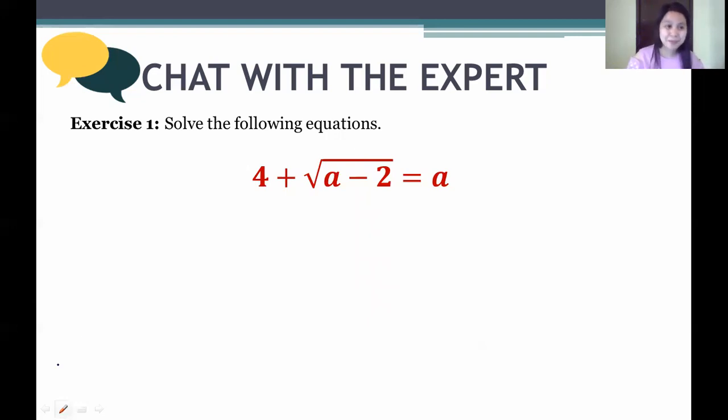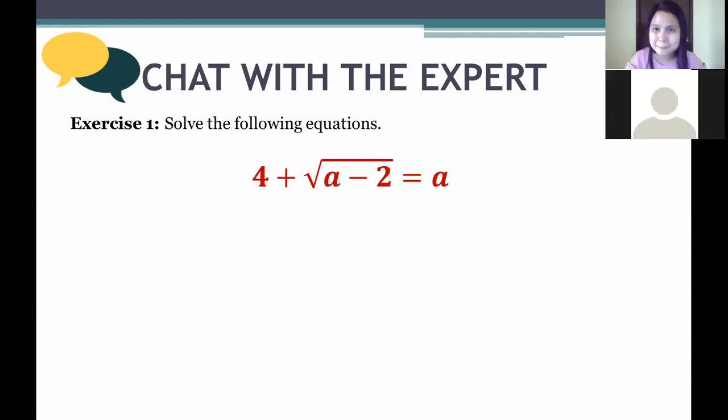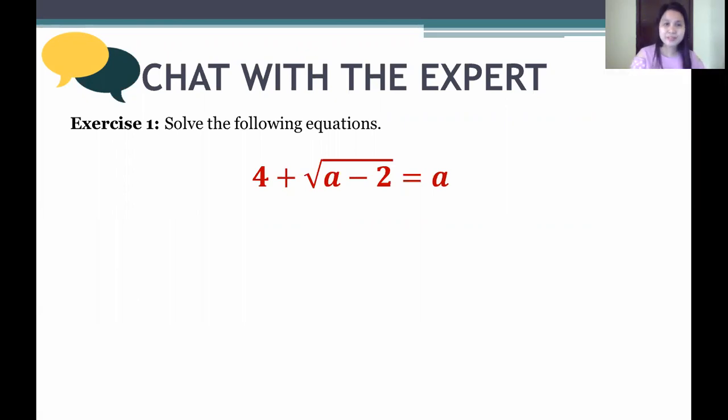Remember step number 1? Step number 1 reminds us that you need to transfer non-radicals to the other side. So we transfer them. Okay, there. We transfer 4 to the other side.